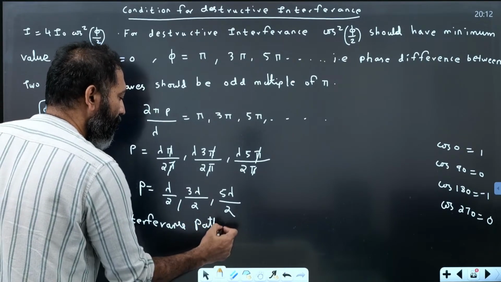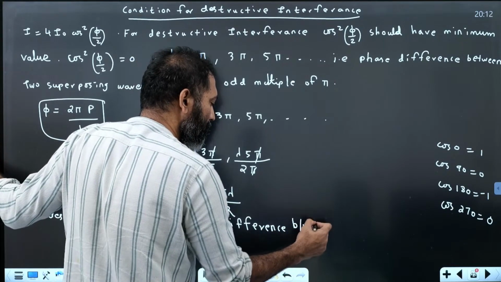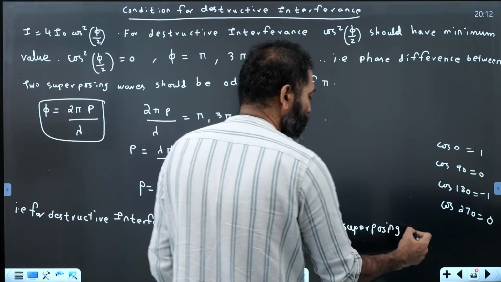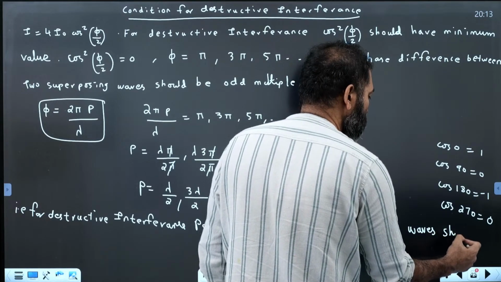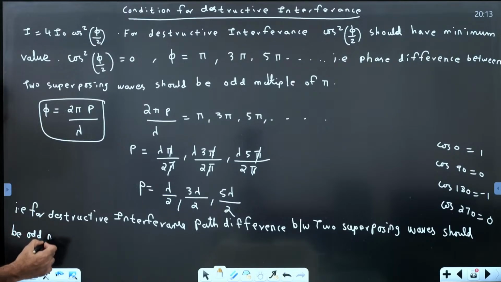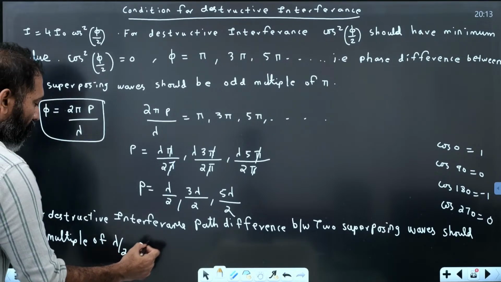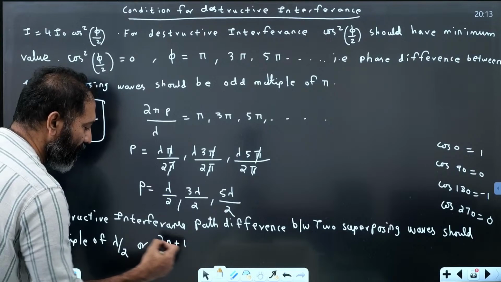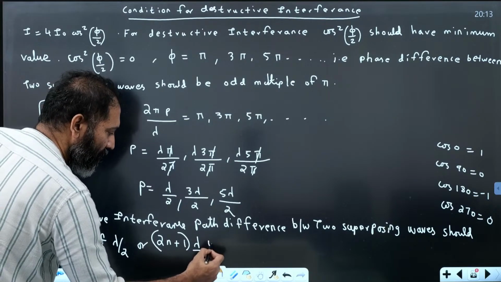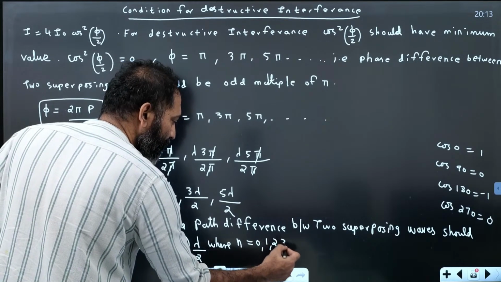Path difference between two superposing waves should be an odd multiple of lambda by 2, that is (2n plus 1) lambda by 2, where n is equal to 0, 1, 2, 3.